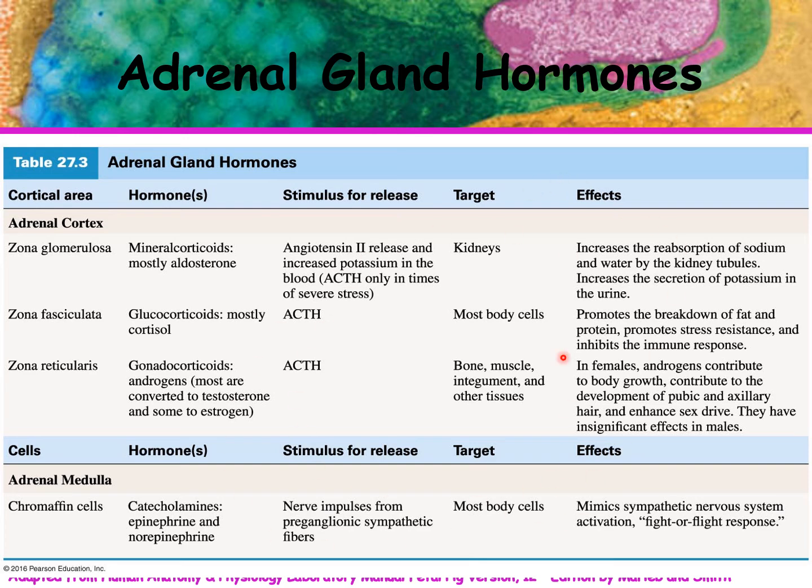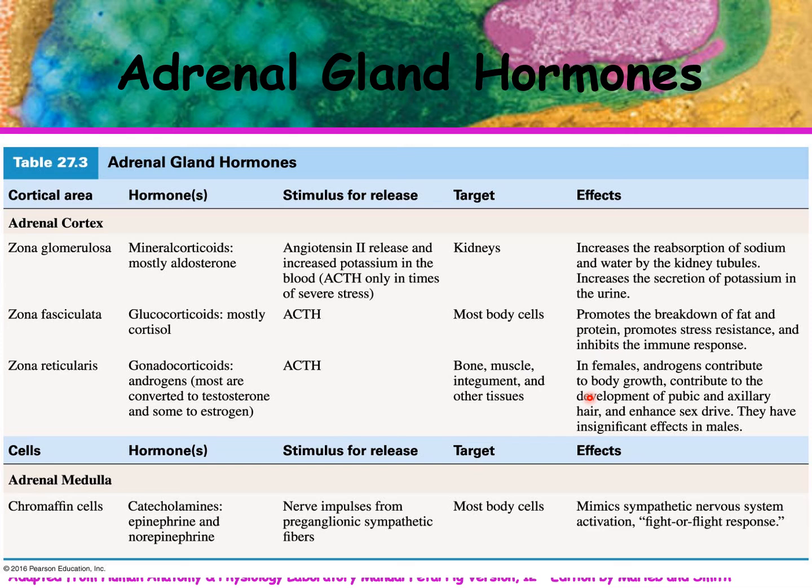So this table is directly from our lab manual, and it is a good breakdown of each hormone that is produced by the different portions of the adrenal gland. It tells us what stimulates the release of that hormone, where that hormone acts, and what the effect of that hormone is.